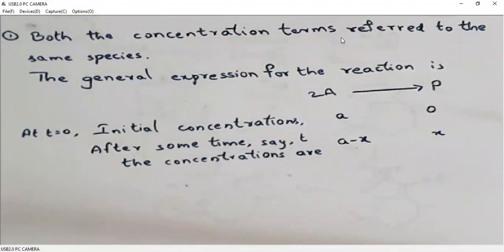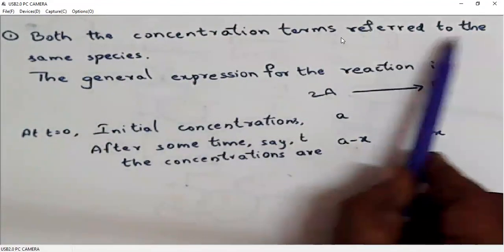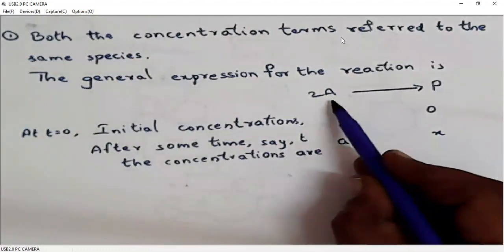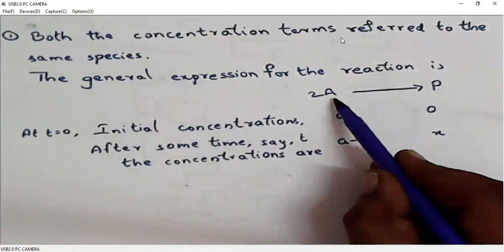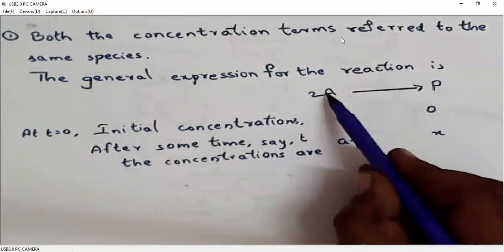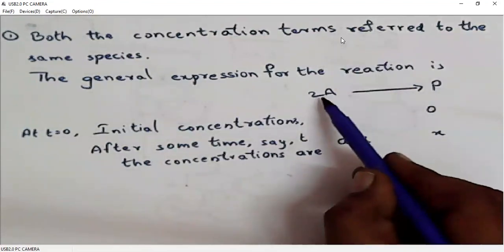In a second order reaction, the first case is both the concentration terms referred to the same species. For example, if you take a general example for second order reaction, A gives rise to P, we take two molecules of A because the concentration terms refer to the same species. So we will take 2A.